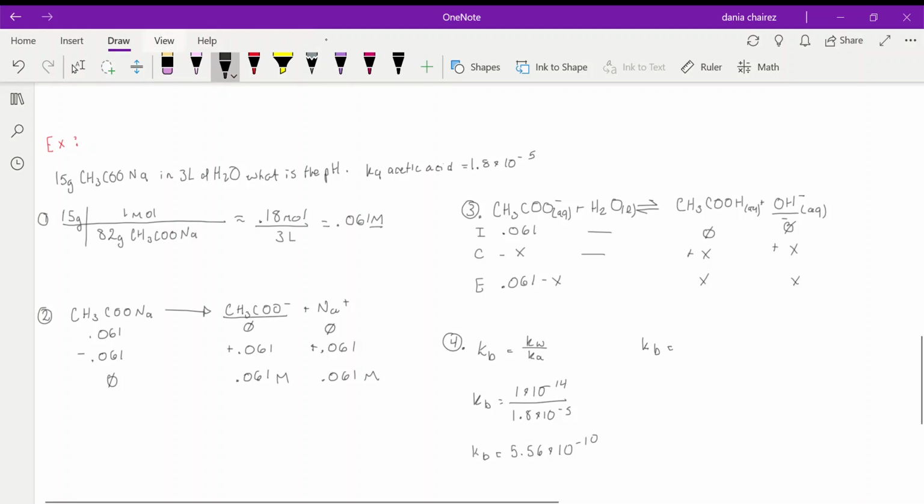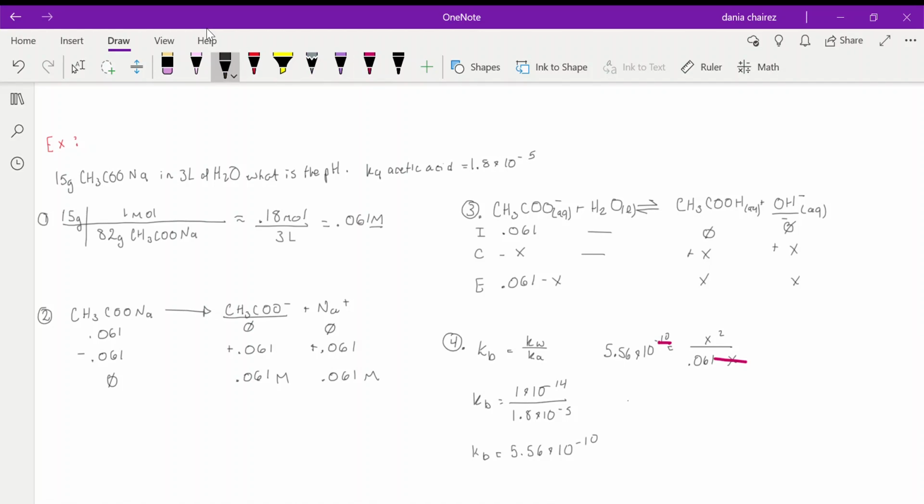5.56 times 10 to the negative 10 is equal to x squared over 0.061 minus x. We can get rid of our x because this value is small enough to be negligible.